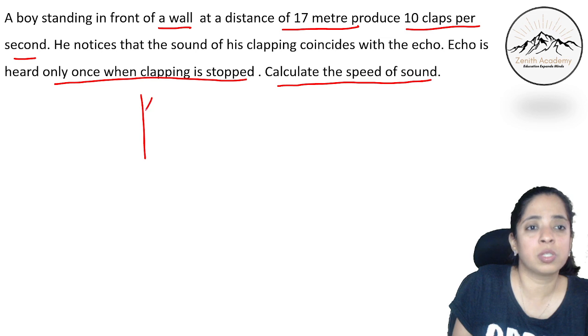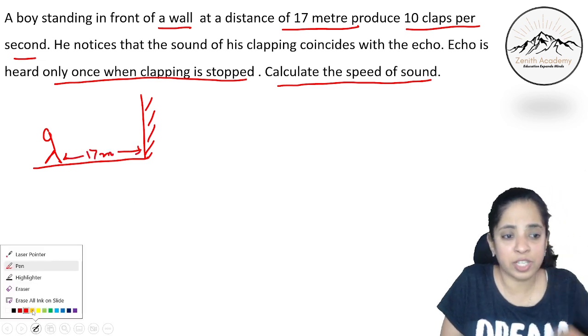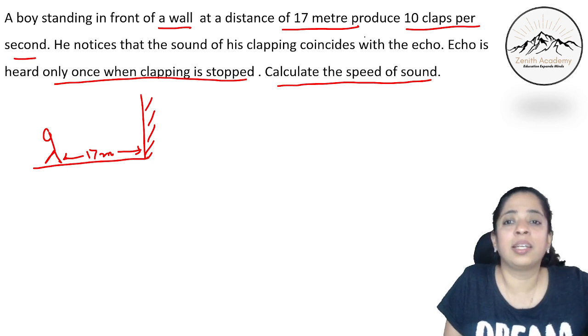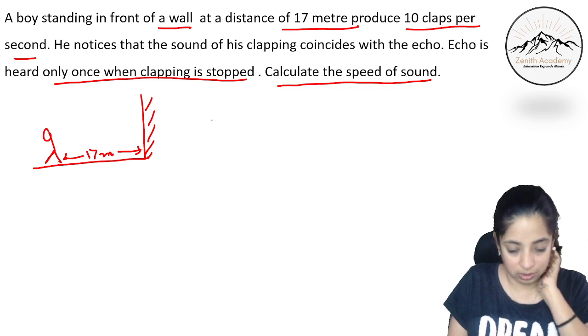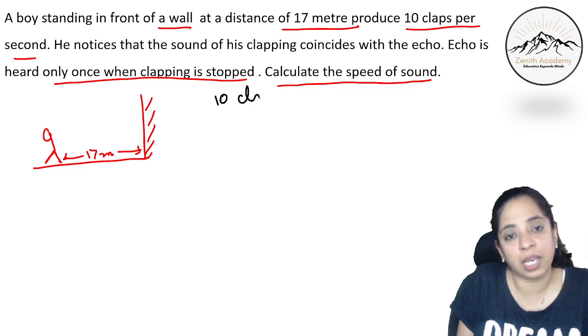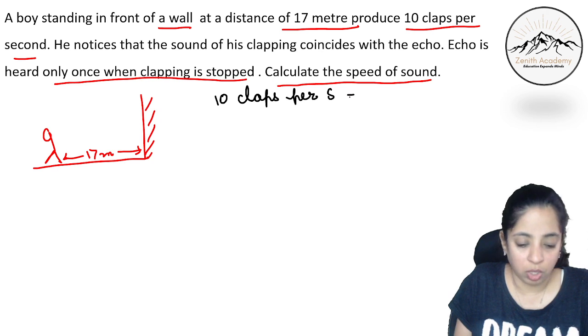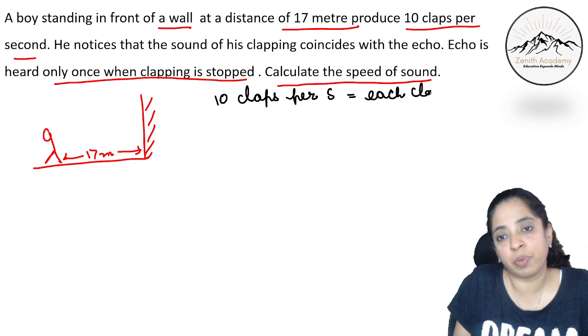Suppose this is the wall. Here the boy is standing. This distance is 17 meter. Now in the clapping questions you have to understand what 10 claps per second means. If there are 10 claps per second, that means each clap is produced after how much time?